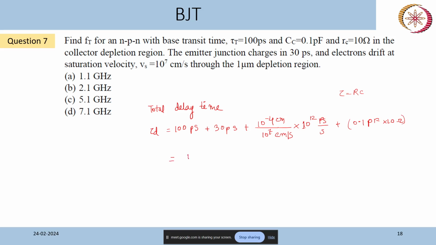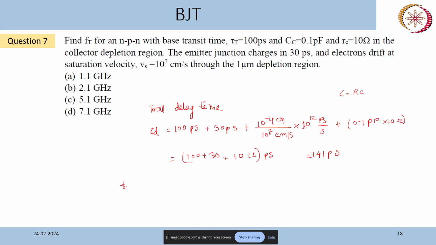So this will be 100 plus 30 plus 7, plus 10, plus the first one. You can see here the base transit time is the significant delay, and it will be 141 picosecond.